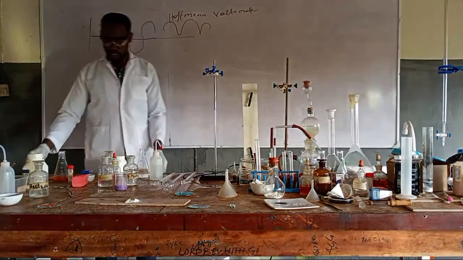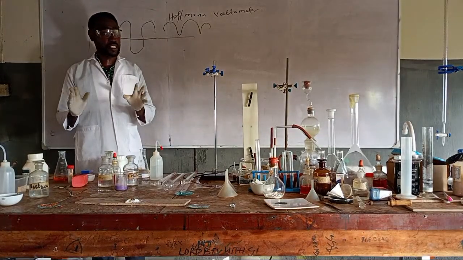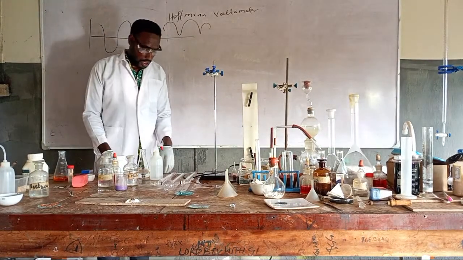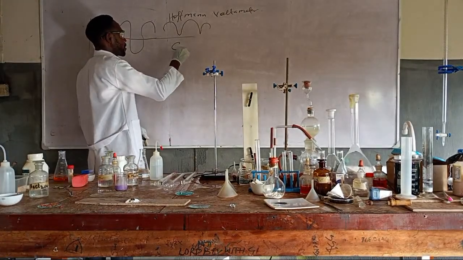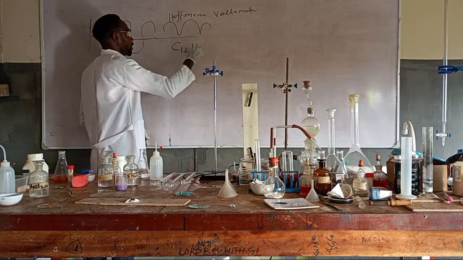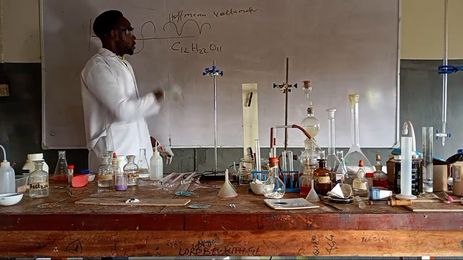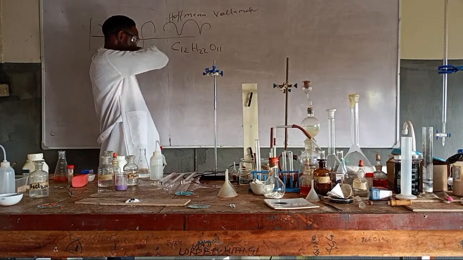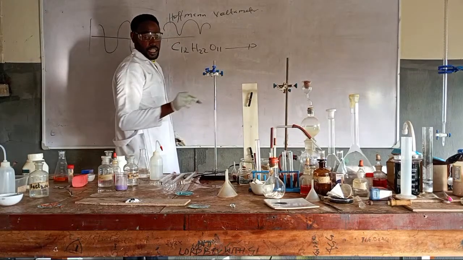So it will turn into a black what? Powder. Fear not, it's not going to go beyond that initial stage. So we have C12H22O11. Am I communicating? Yes. So that's sugar. Then what will happen now is that I've added what?